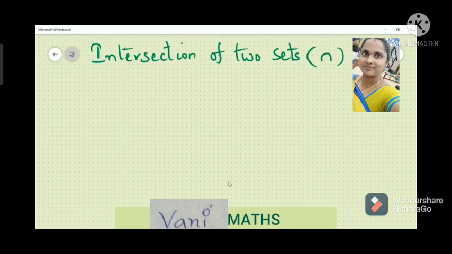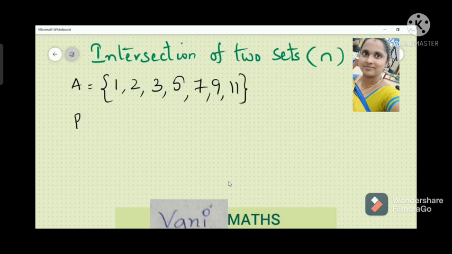Let us explain that with an example. Let A be equal to 1, 2, 3, 5, 7, 9, 11. B is equal to the set containing 2, 5, 7, 9, 11, 13, 14.